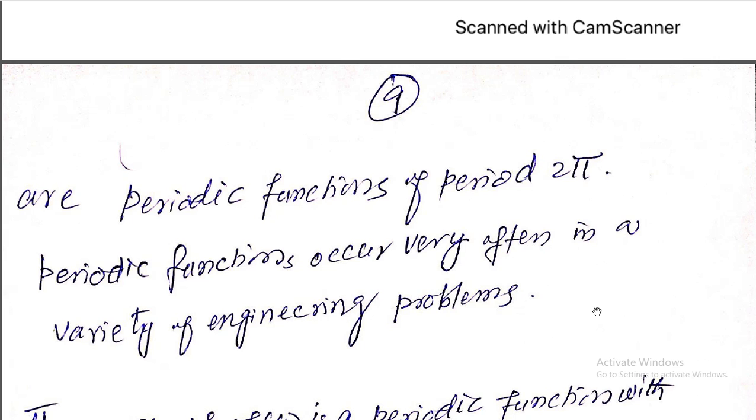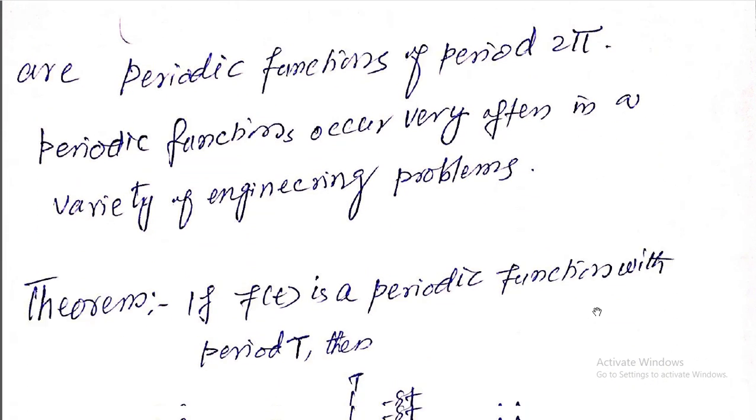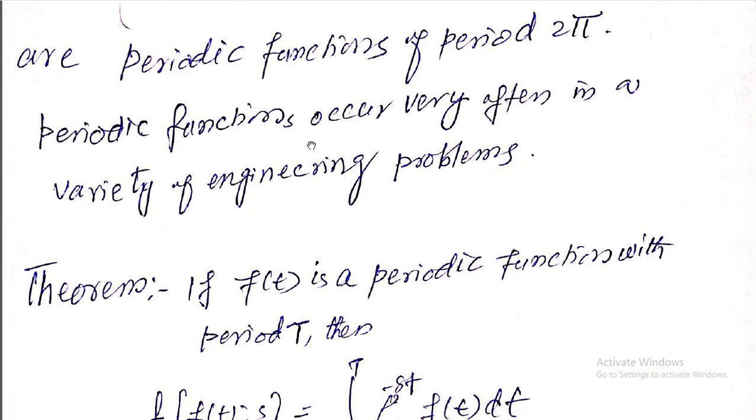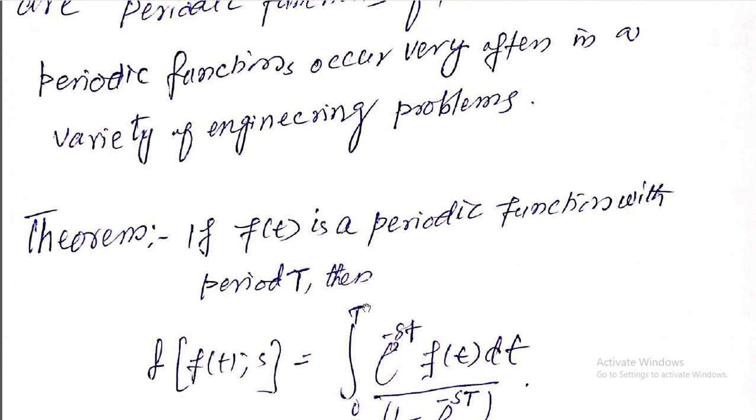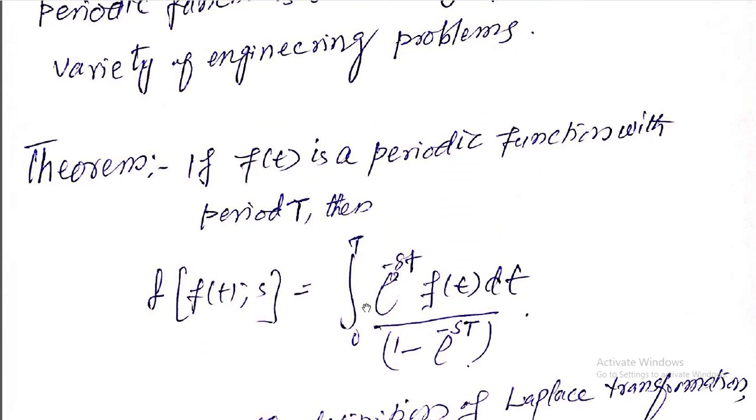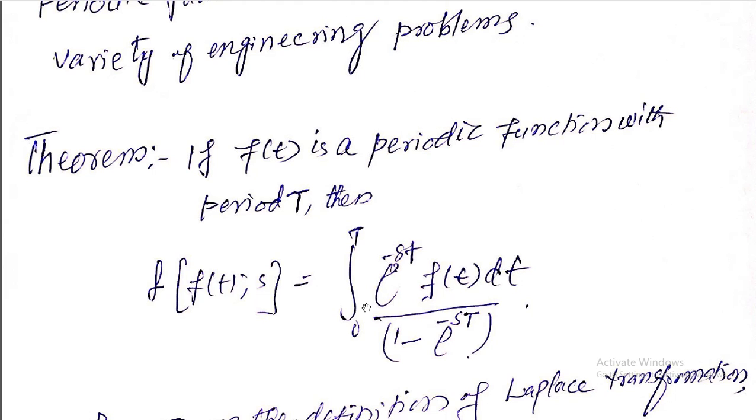Periodic functions also occur very often in a variety of engineering problems. They play a vital role in science and engineering, for example in circuits and signals where we use sine and cos functions, so we need periodic functions.